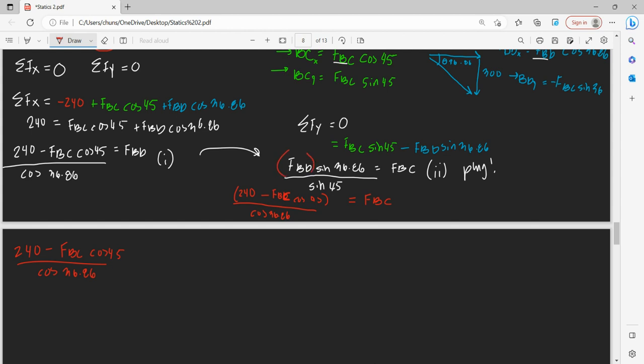We still have sine 36.86 over sine 45 equals FBC. Okay, let's keep going.